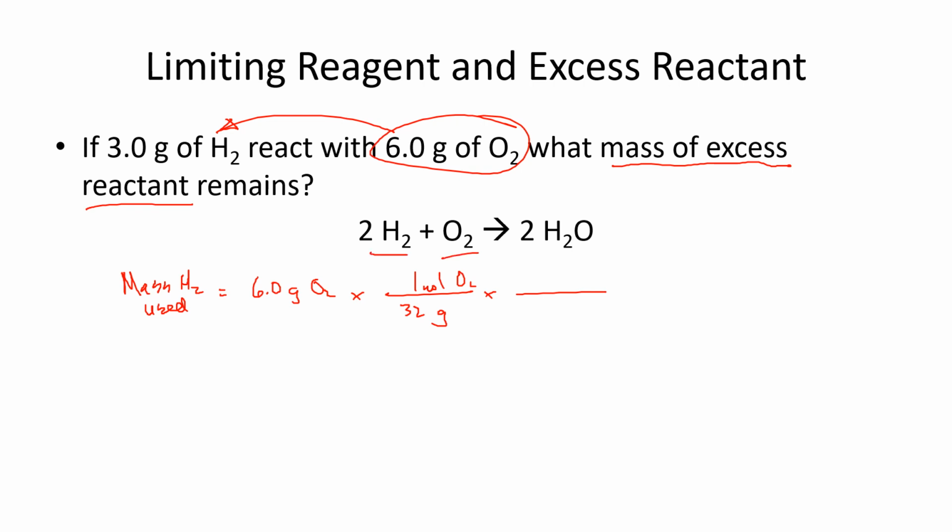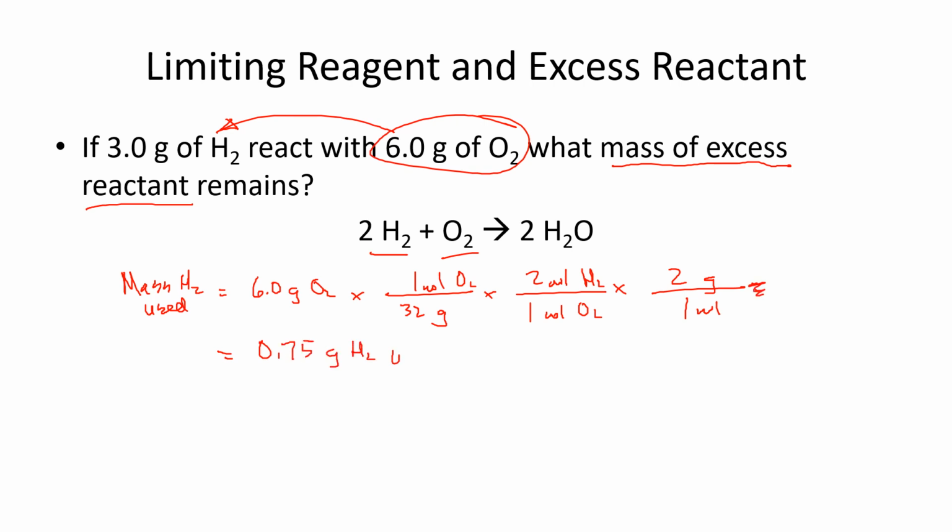We're going to go from here to here this time. So 1 mole of oxygen for every 2 moles of hydrogen. And then we know that the hydrogen is 2 grams per mole. So do that one, 6 divided by 32 times 2 times 2 equals 0.75 grams of hydrogen.